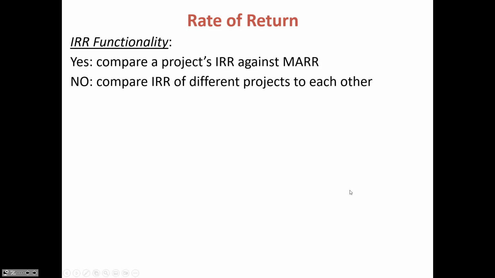So internal rate of return we can use to compare against the MARR and know whether a project is acceptable. So we'd use the IRR for initial screening when reinvestment is available. So a savings account, you can reinvest your earnings. A mutual fund, instead of sending you your earnings, they're more than happy to use your dividends to just purchase more shares. And so that's reinvestment.